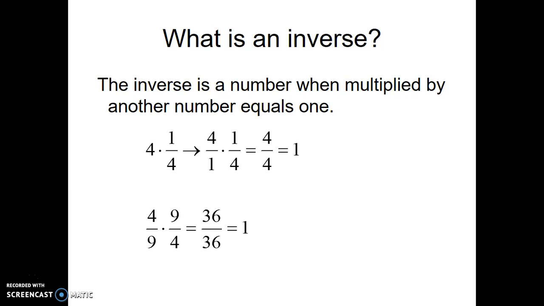That works with everything, not just whole numbers. In this other example, we have 4 over 9 and 9 over 4, and since we get 36 over 36, we get 1. So the inverse of 4 is 1/4, and the inverse of 4/9 is 9/4.